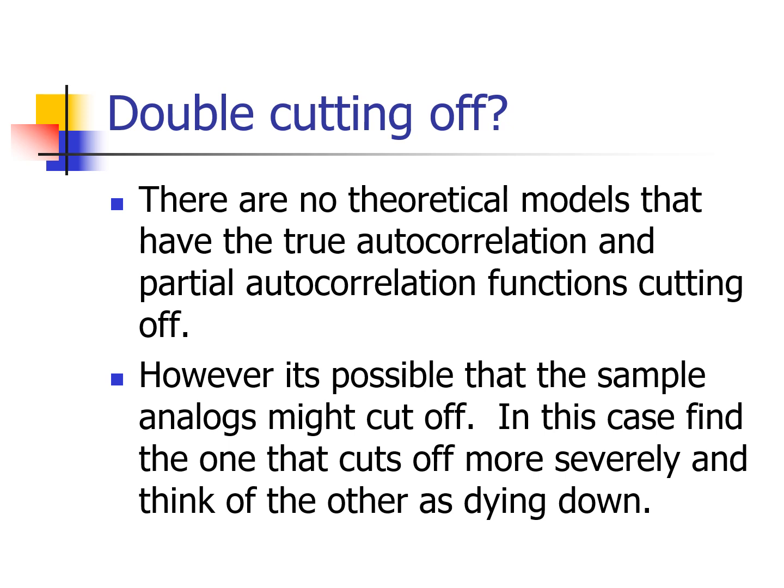The reality is you can't have a model in which SAC and SPAC both cut off. So if it looks like that, it just means one is dying down quickly. What you basically do is ask, of the two, which one is cutting off the most abruptly? I'm going to say that's the one that's cutting off, and by default, the other one is dying down.